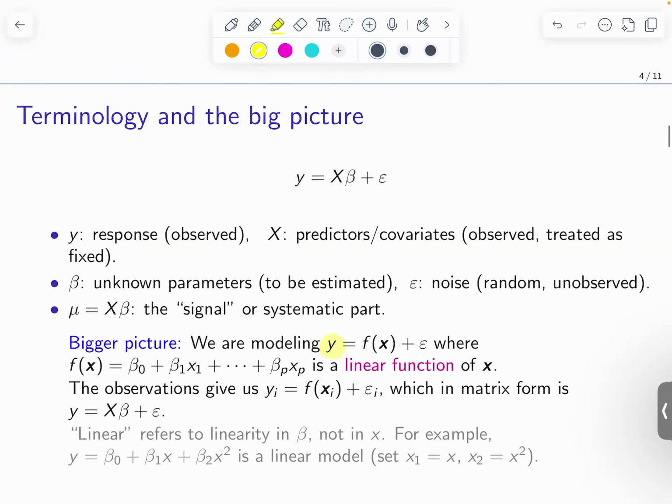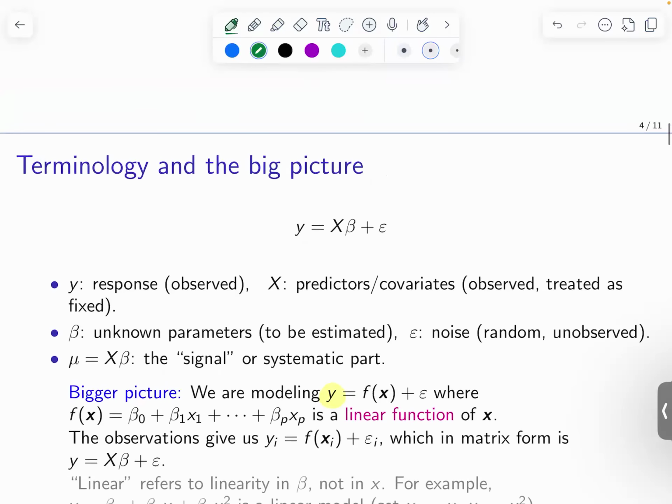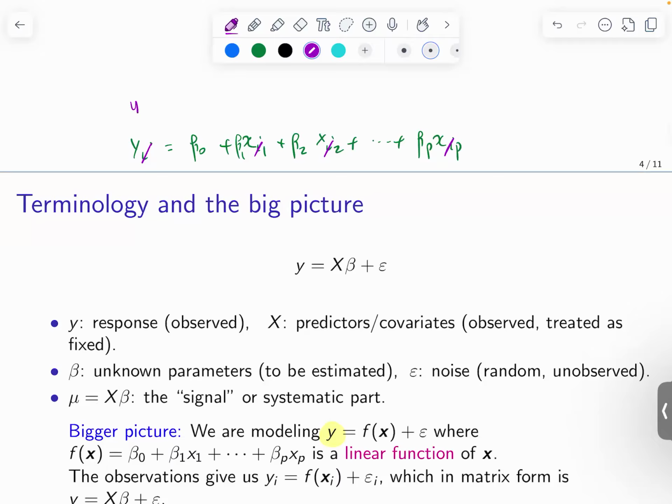Imagine the setup that I had: Y equals beta 0 plus beta 1 x1 plus beta 2 x2, up to beta p xp. Let's drop the i's. So this is the model that I'm looking at, just one observation. So basically one observation is like a generic observation, or population level if you want. These are now all scalar.